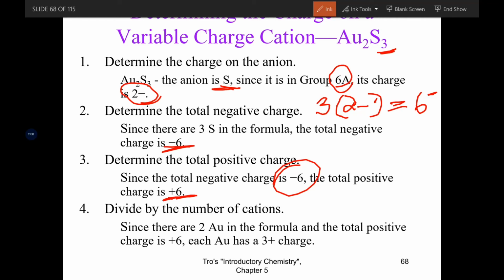But I have 2 of the cation, so that plus 6 must be divided by 2. Since I have 2 of them, I divide that plus 6 by 2, and that gives me a 3 plus charge. I hope this is clear. So now I know the charge on gold is 3 plus.